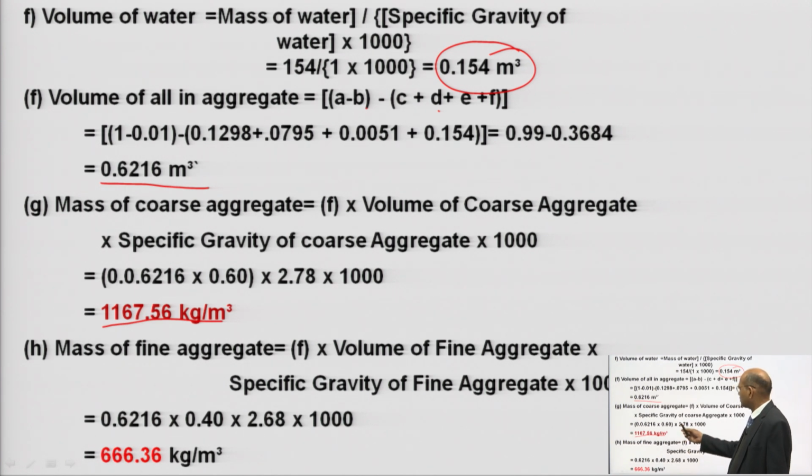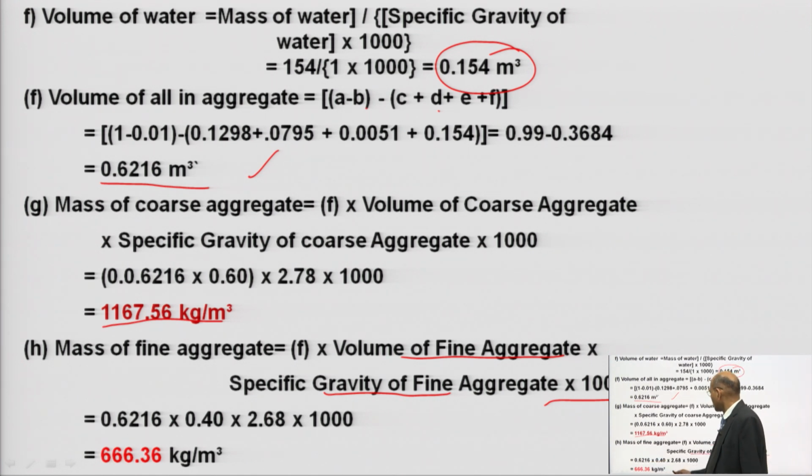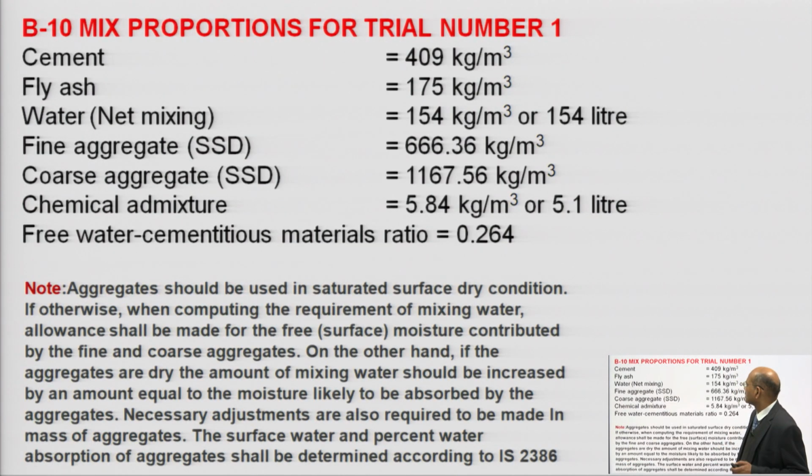From volume you can convert to mass with the help of specific gravity. So, this volume is 0.612 and what is the volume? 0.40. 2.6 is the specific gravity of fine aggregate. So, you will get 666.36 kg.